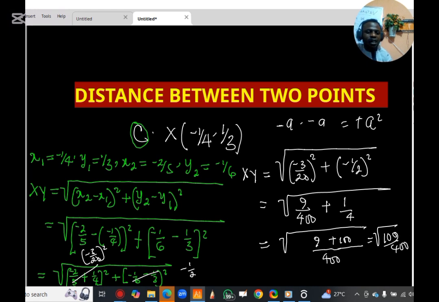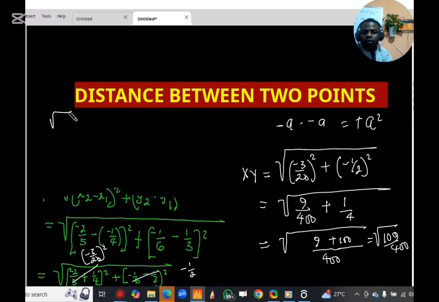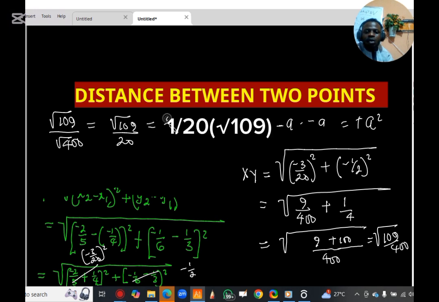We can write this as square root of 109 divided by square root of 400, which we have as root 109 all over 20, or 1 over 20 root 109.